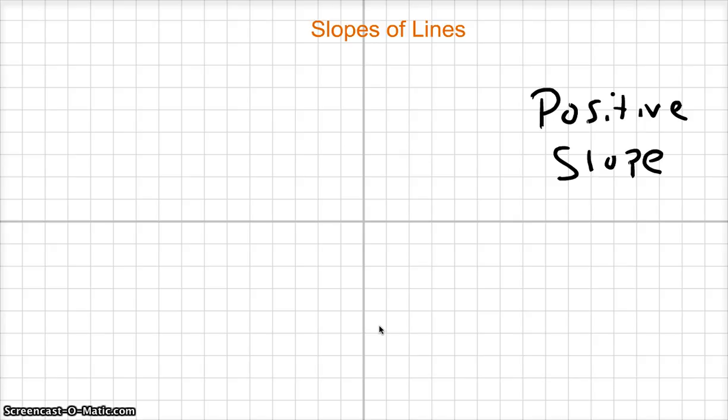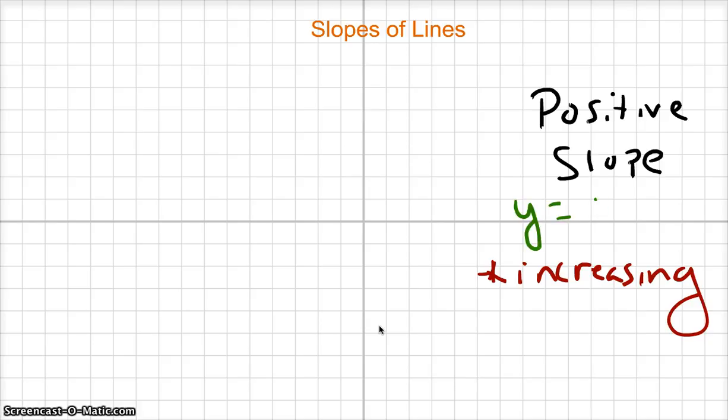When it's a positive slope, your line should always be increasing. And the equation we're going to graph is y equals 2x plus 2.